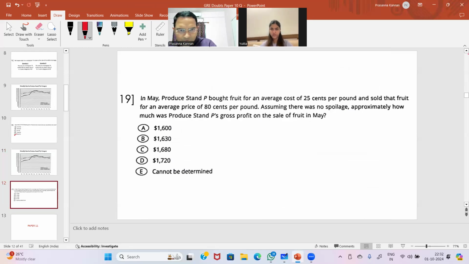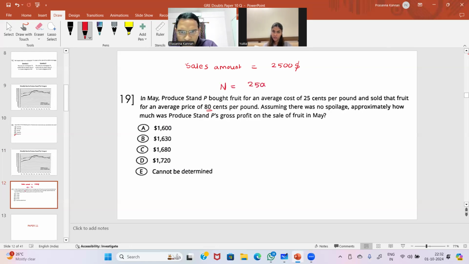So the total sales amount, $2,500, correct? And he had sold it for 80 cents per pound, correct? So how many pounds did he sell? So we'll get that information, the number of pounds he sold.